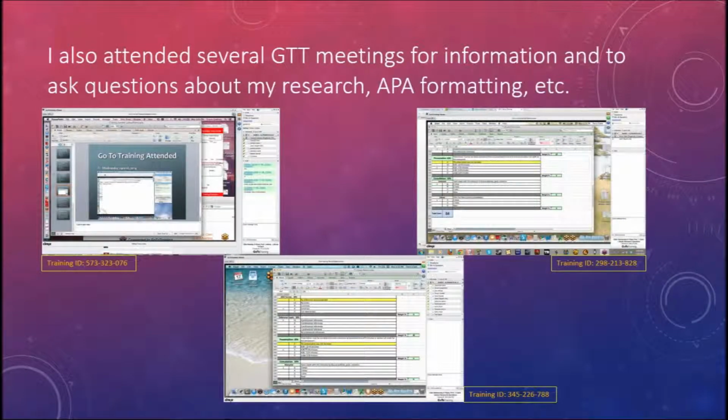I also attended several go-to training meetings for information and to ask questions about my research, APA formatting, etc. And I have included screenshots as well as the training ID numbers, which you could probably see if you blow up the pictures, but I included them below each picture so that you could see them easier.